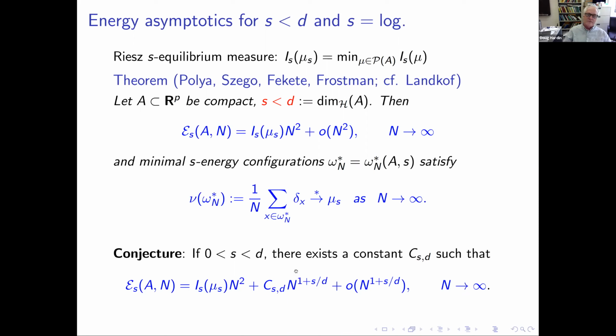In this case, it depends in a certain way on the set A that I'm not putting in right here. In the periodic case, we'll find that this C s,d is a good constant. Anyway, we're looking for things like that. On the circle, where d is 1, we indeed saw an expansion exactly of this form.